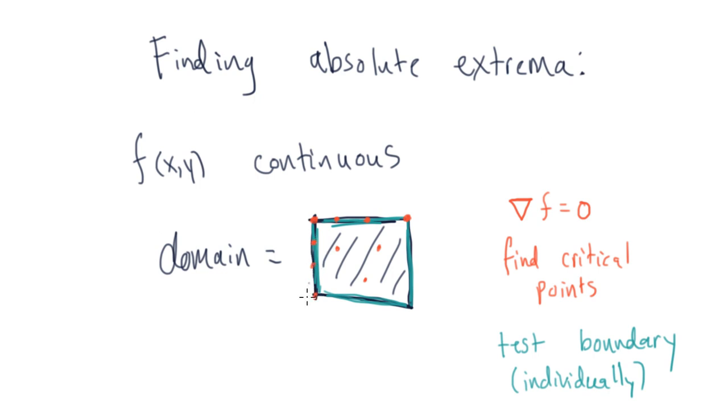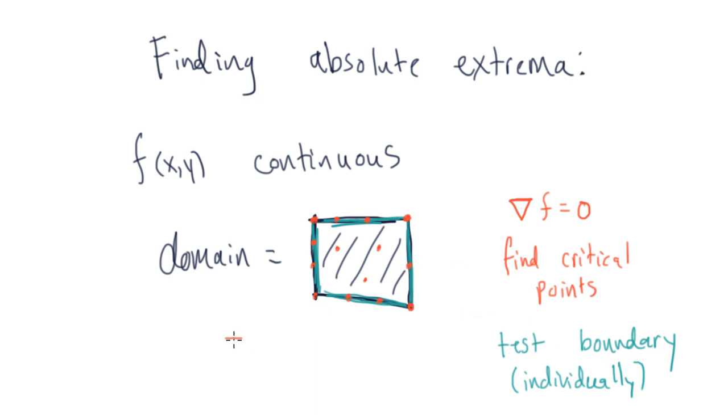Then I want to do the same thing on this piece. If I cut the function here, I have a continuous function of one variable on this little closed interval. So I find the critical points and the endpoints. I do the same thing here and here.